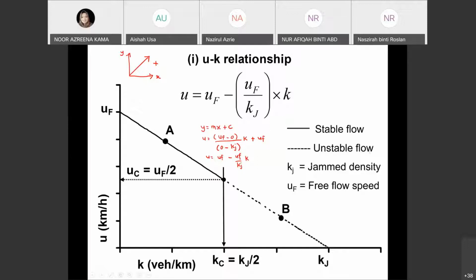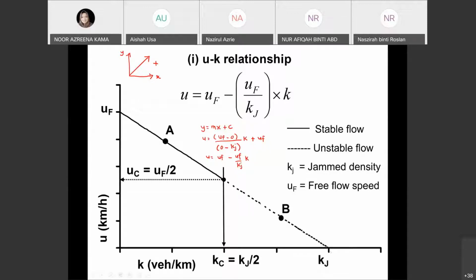Then we have KJ. KJ is located here, the maximum point of K, and it is jam density where there is no movement. Why no movement?